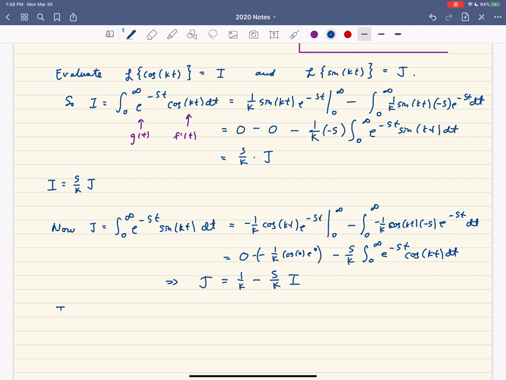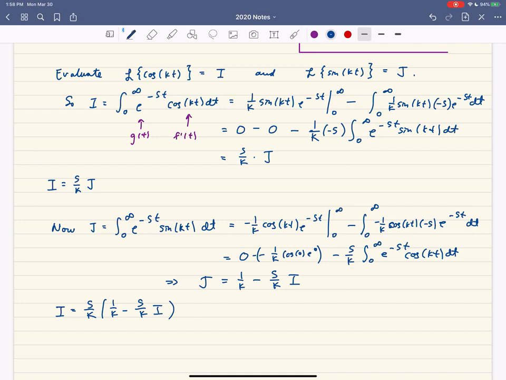So I is going to be s over k times j, and j we said was 1 over k minus s over k times I. And what we can do now is solve for I. This is a perfectly straightforward algebra exercise.